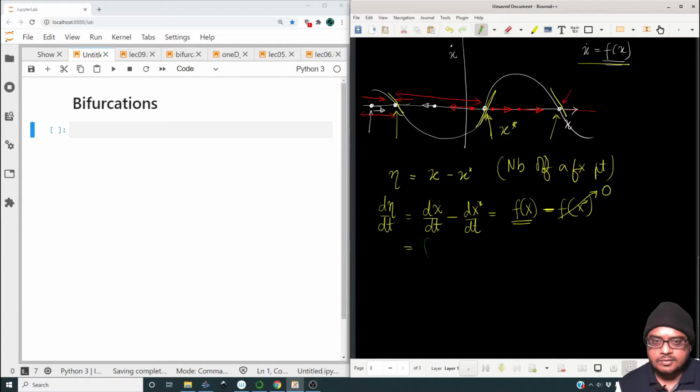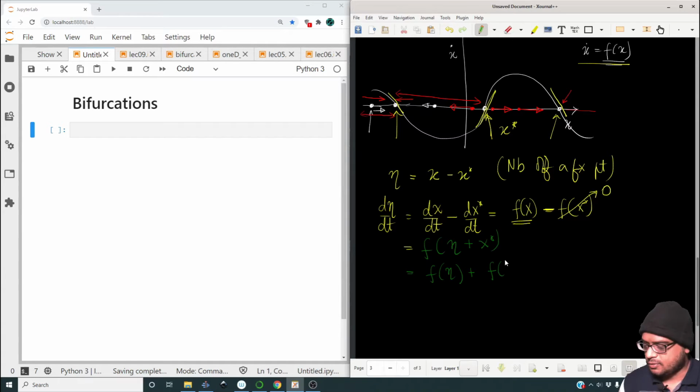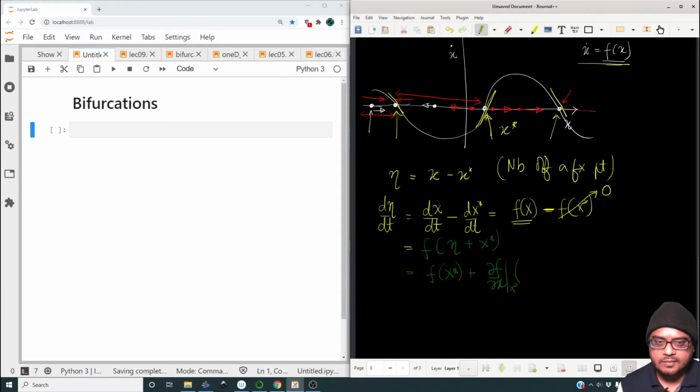This can be written as f of x star plus eta, which is f of x star plus del f del x at x star times eta plus del 2f del x2 times 1 by 2 factorial eta square and so on.